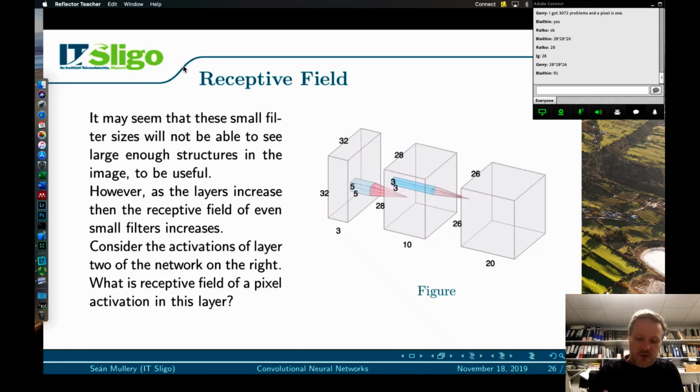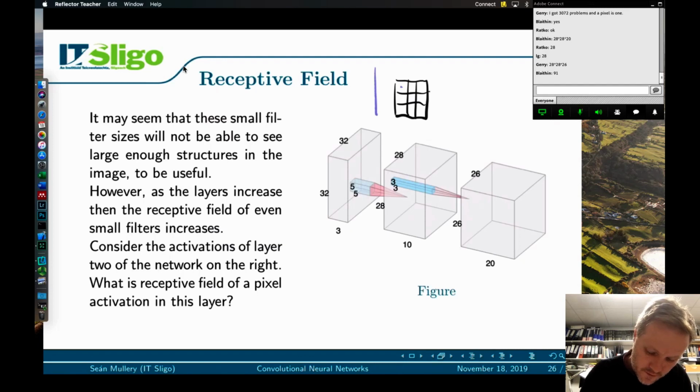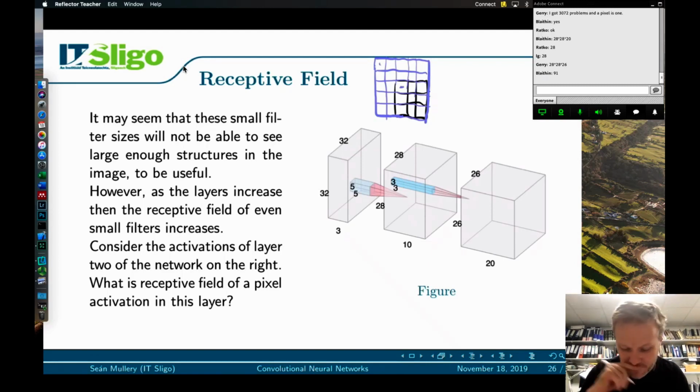So basically, if we take something like a 3x3 here, and each one of these took from a 5x5, okay, so we'll draw that there. Now this one took from a field going that bit further out.